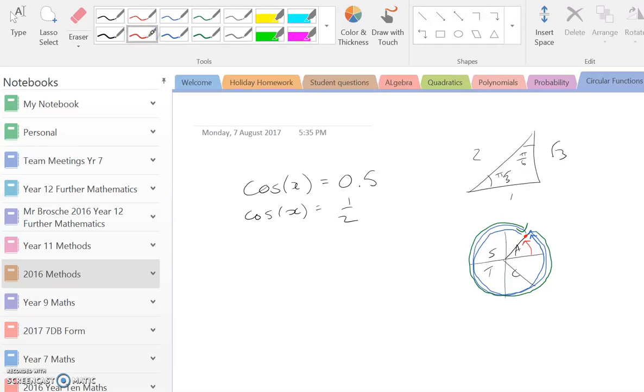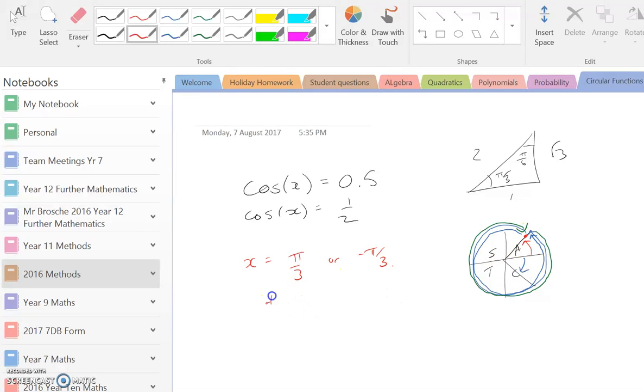If you minus 2 pi, you can get back to the same point. So from my special angles and my knowledge of the unit circle and how things are periodic and repeat, I know the following. I know that x is positive pi on 3 or minus pi on 3. The minus pi on 3 is going in that direction. And I also know that in order to get back to this point, I can add multiples of 2 pi.